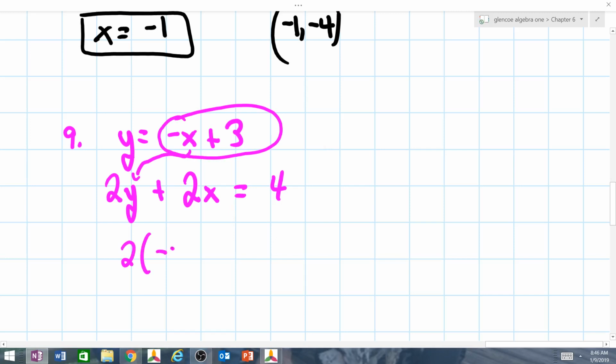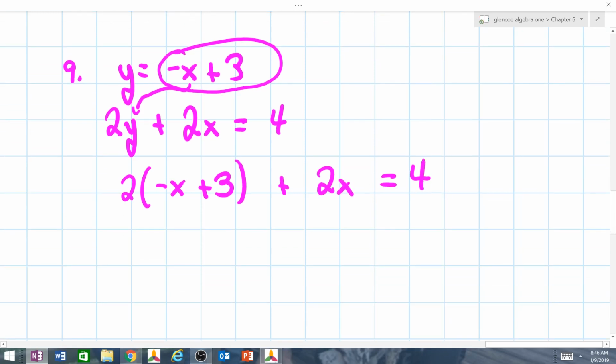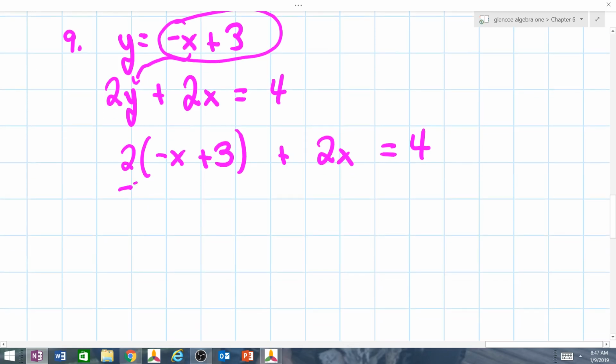Make sure you use parentheses. Are you with me? Okay, you solve it from there, and I'll solve it as well. If you're substituting more than one term, you must use parentheses. What's the question, Justin?